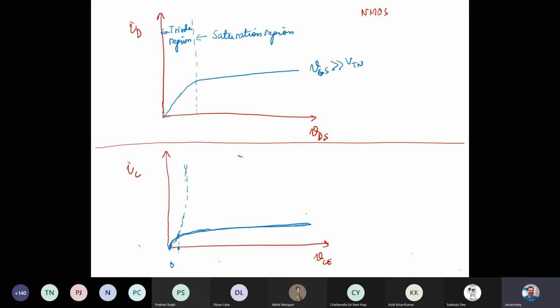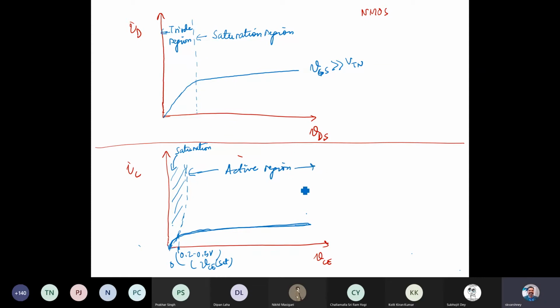This point corresponds to VCE saturation. This is the saturation region for the BJT common emitter, and from here to here is your active region.